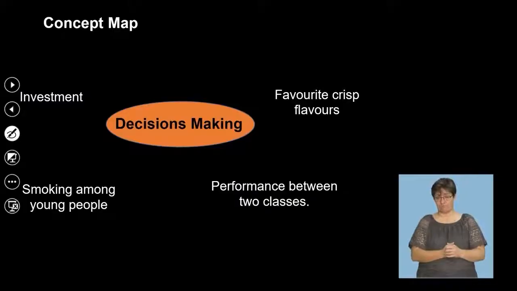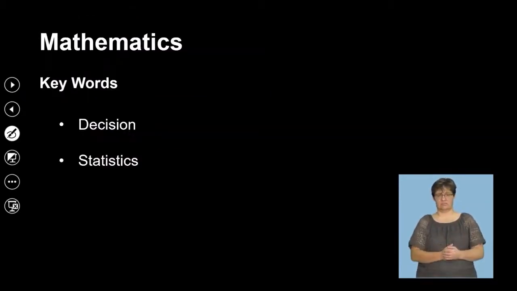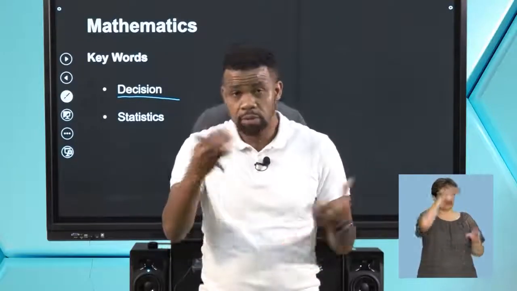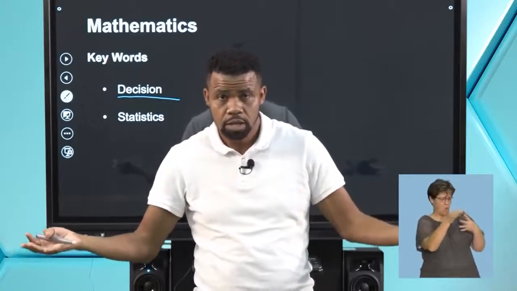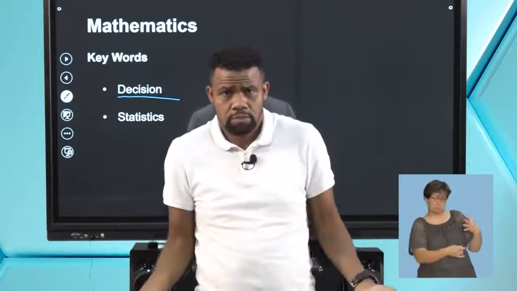Okay, so we'll also look at the projection of the number of coronavirus deaths in South Africa. Okay, so what is decision and what is statistics? I mean, for me, decision might involve a bit of thinking about what available options there are, and from the available options, you choose one.